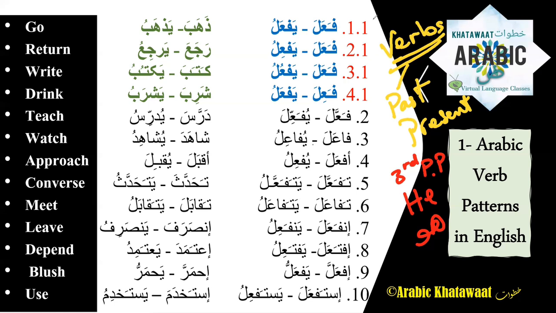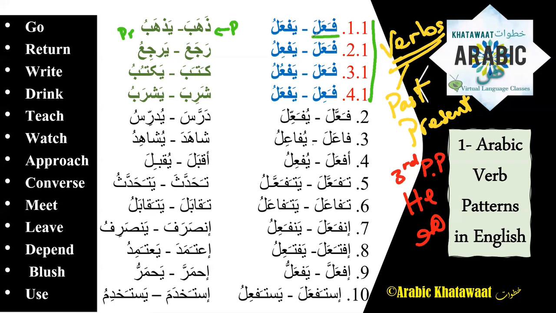The first form has a slight difference when it comes to the sound. And here you have فعل, and we're using the example of ذهب, go. The first one is the past, and then the second one is the present. ذهب, he went.